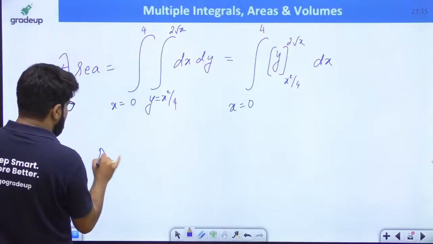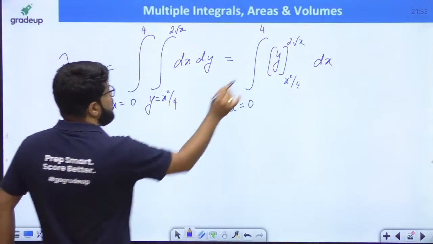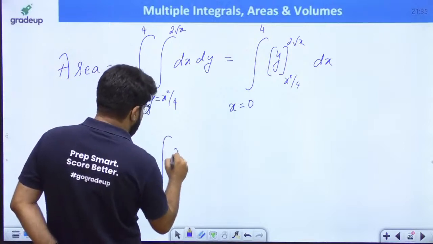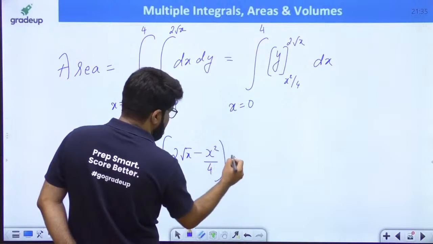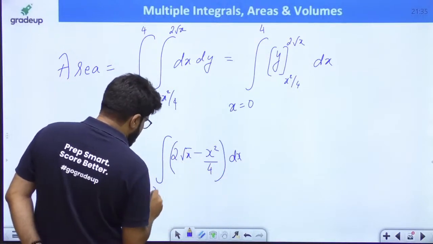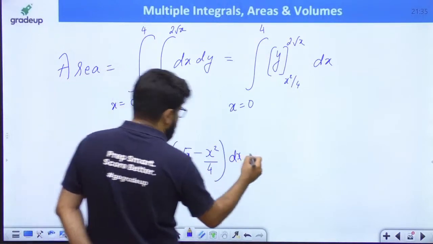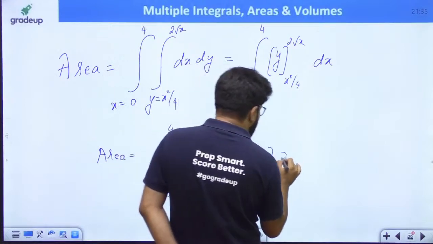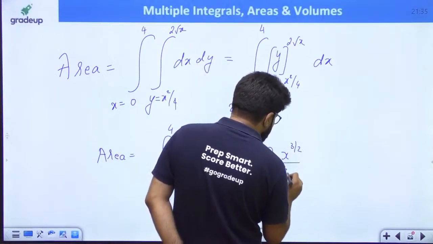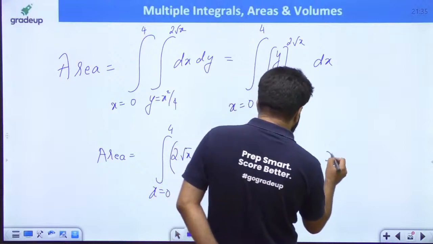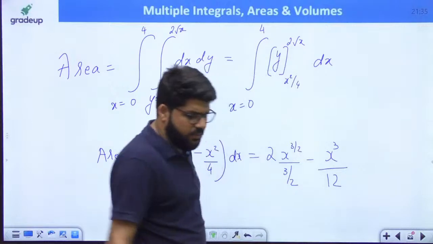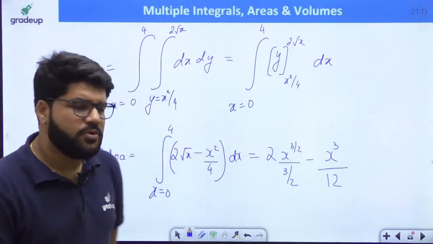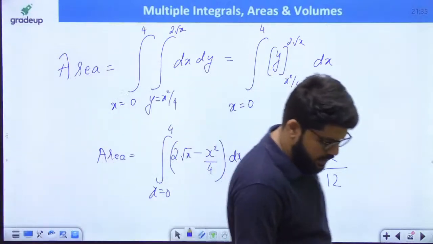Now this area will be y's upper limit minus lower limit: 2 root x minus x square by 4 dx, with x from 0 to 4. This becomes the integral of 2 x power half, which is x power 3 by 2 divided by 3 by 2, minus the integral of x square, which is x cube divided by 3, and 3 fours are 12, that is equal to 12.